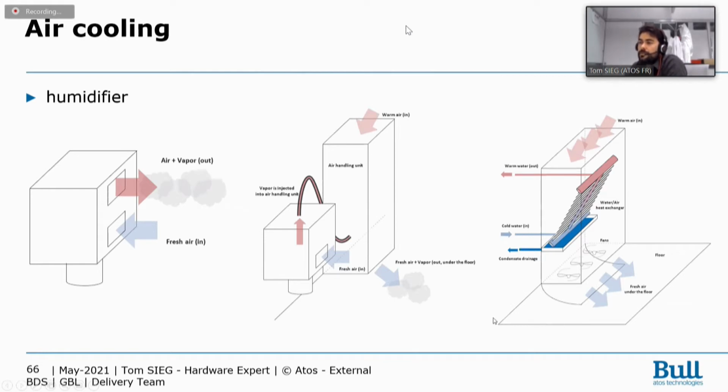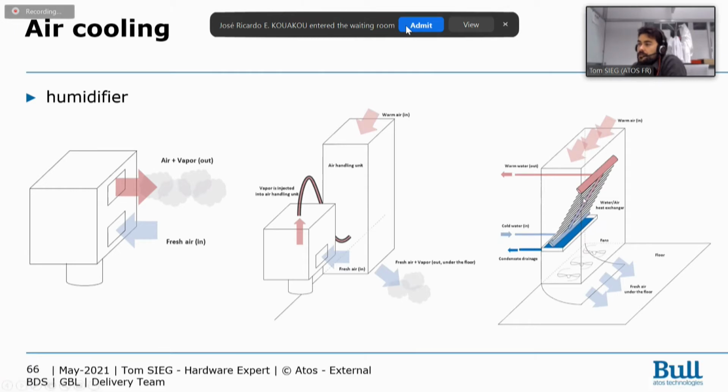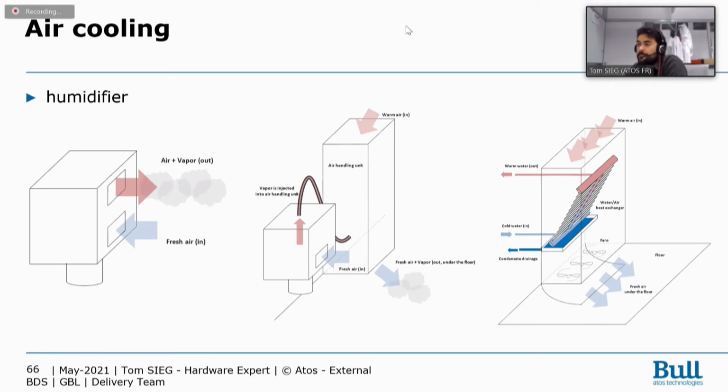So the vapor will go through the raised floor with the fresh air. And to reduce humidity, the best and easy solution is a draining tank. A condensation draining part will put water into this tank and this tank will be evacuated. That's the easiest system for water and air condensation.